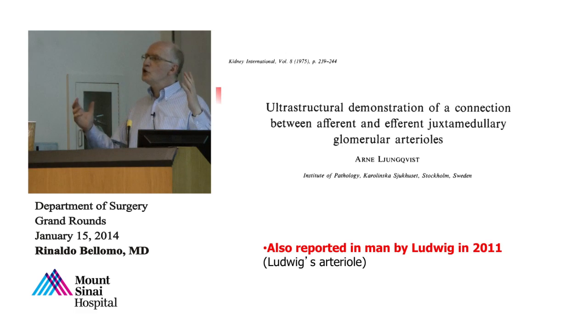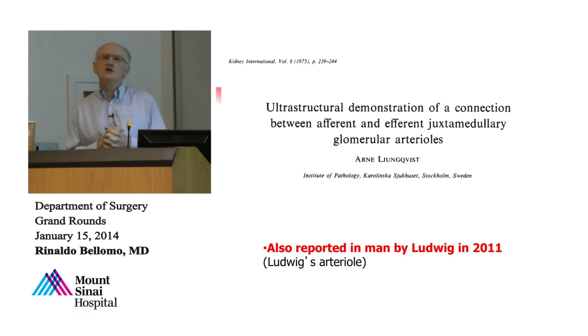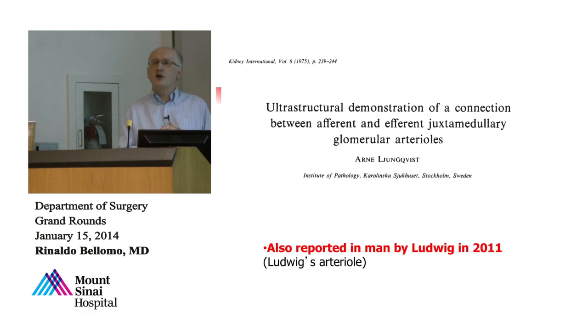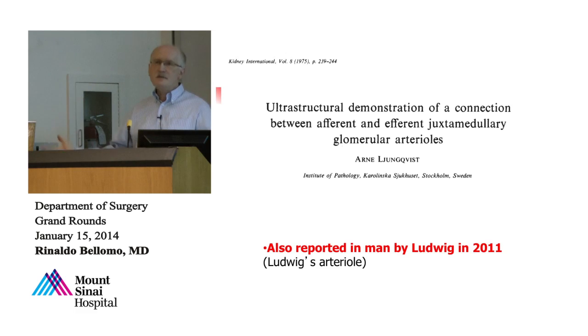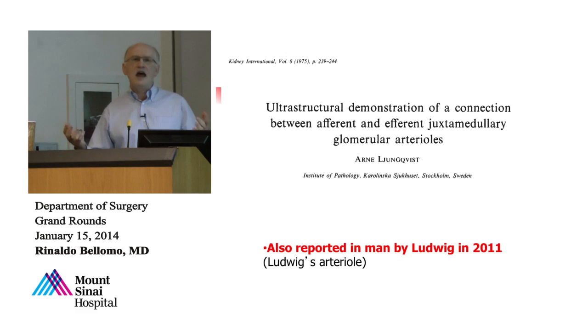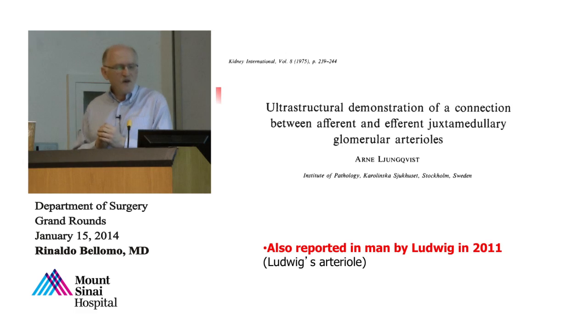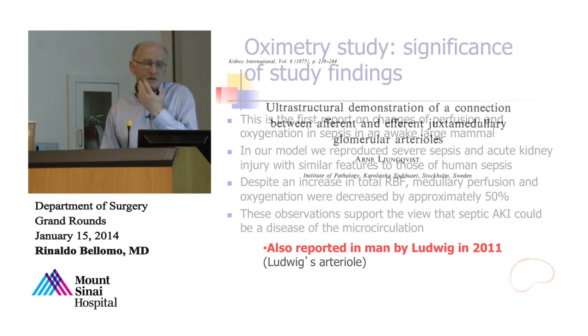So there is actually an anatomical basis through which there can be intrarenal shunting of blood flow away from the glomerulus. So you can actually have hyperemia, but it doesn't give you an increase in glomerular filtration and increased function. And there are other studies, and in fact, when you become obsessed with this stuff, you can find that a German anatomist called Ludwig had described these problems sometime in the past.